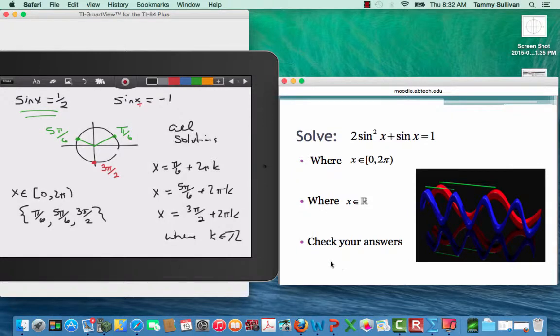So now let's actually check this graph on the calculator, and I'm interested in when does this have solutions. So I'm going to pull that up in Desmos, since my graphing calculator here is frozen.